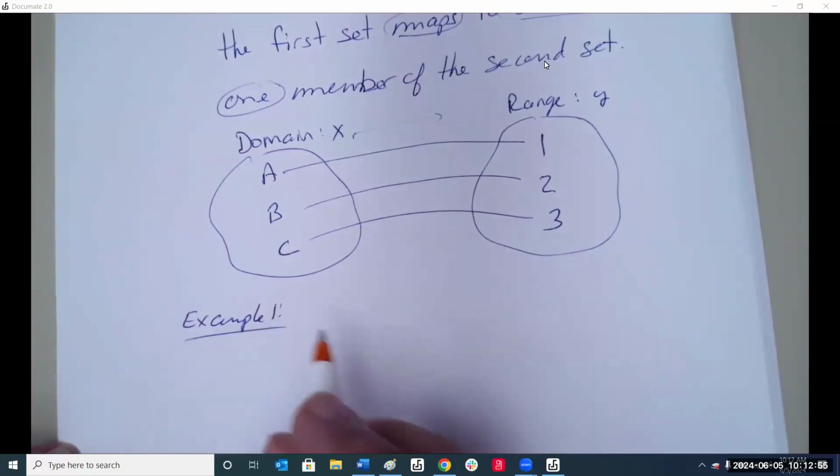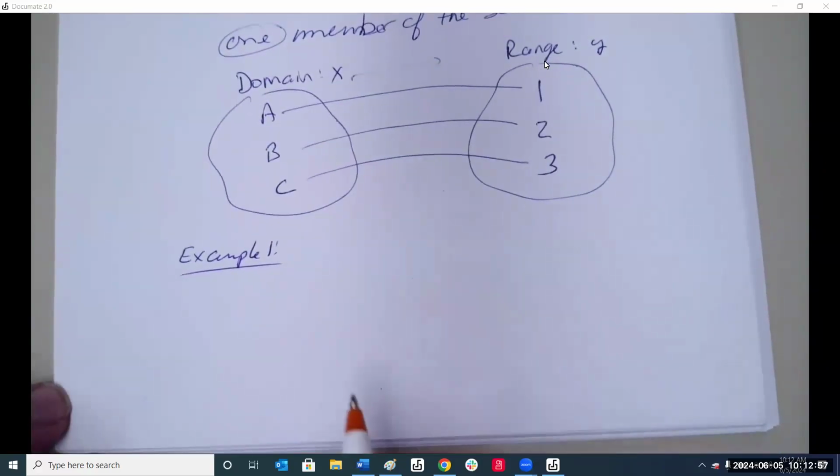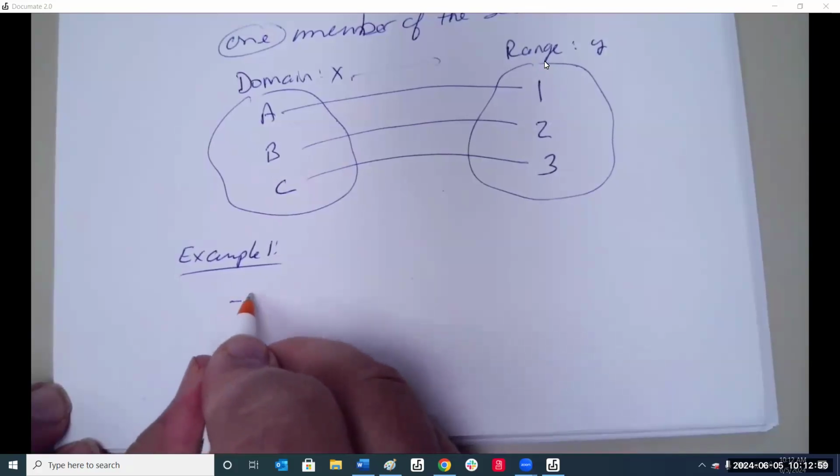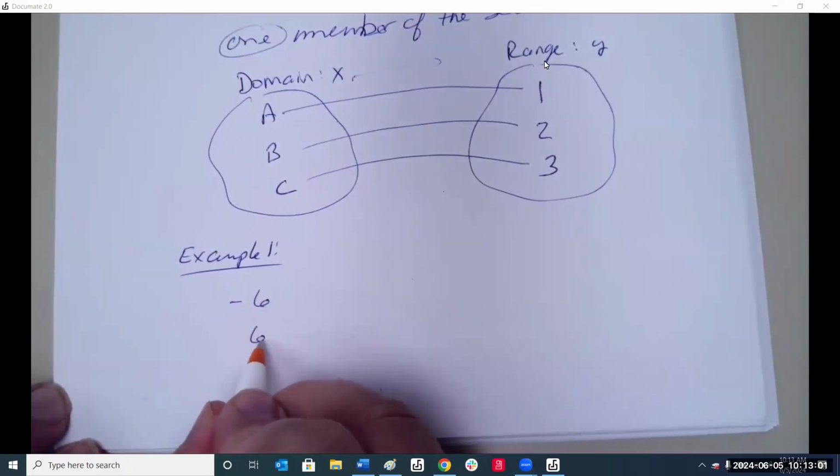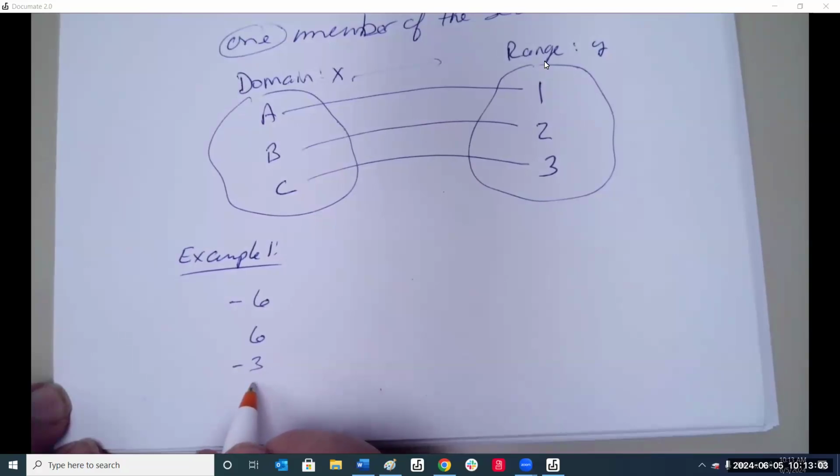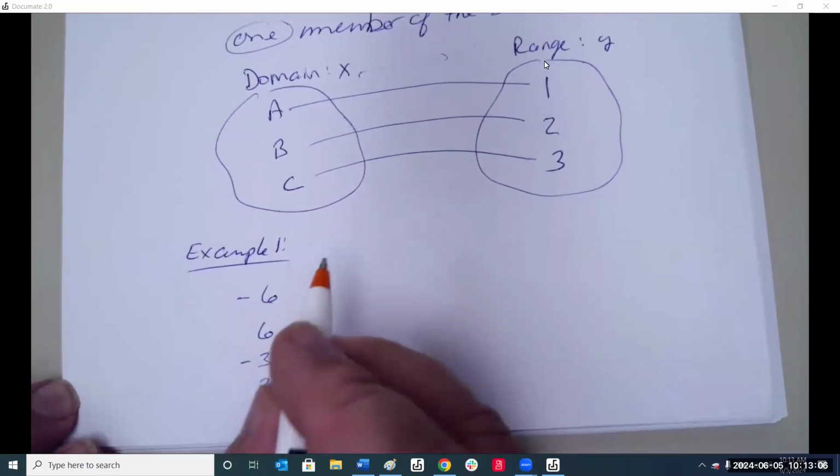Example 1. Determine if this correspondence of this set is a function. We have -6, 6, -3, 3, and 0.